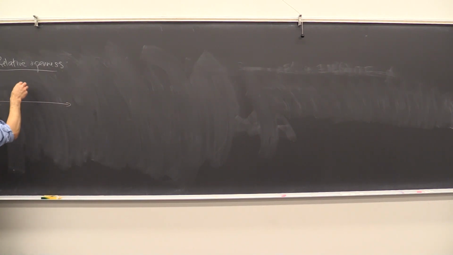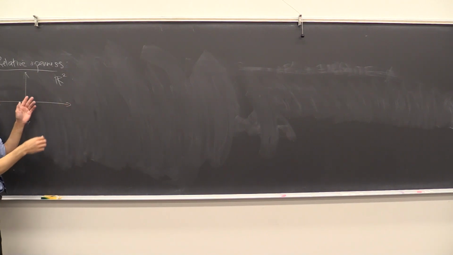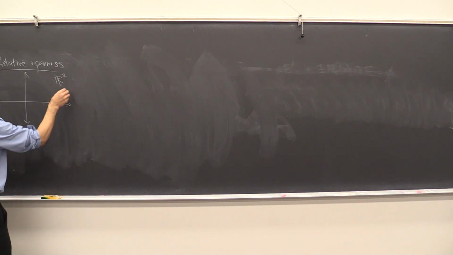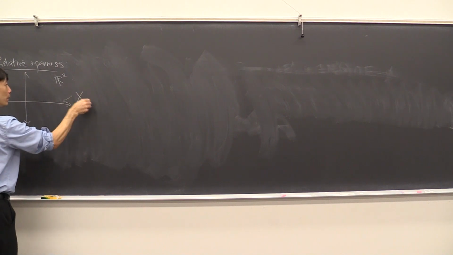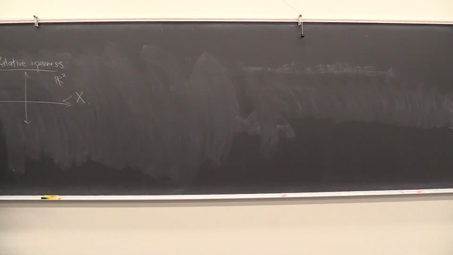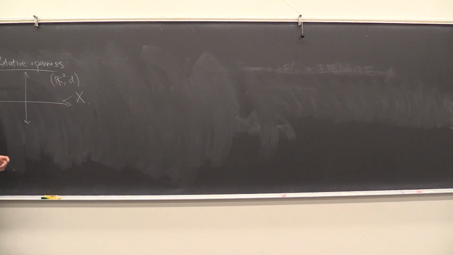So let's think. Here's an example. Suppose we're in R2 and we've got our usual Euclidean metric. Let's call the x-axis x.